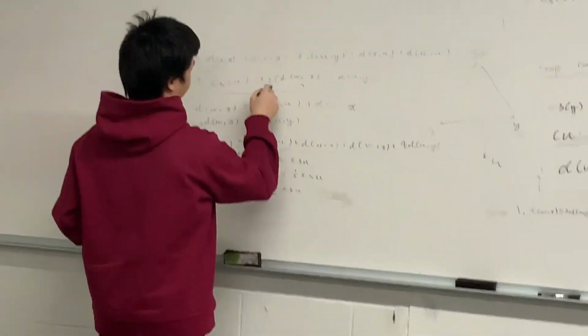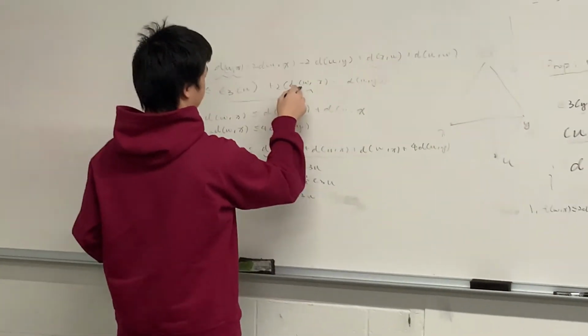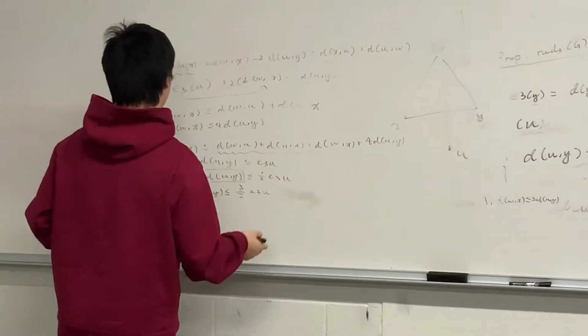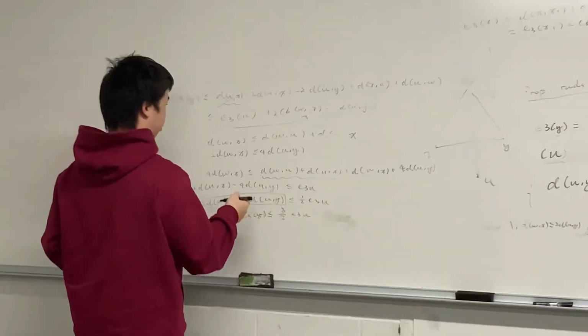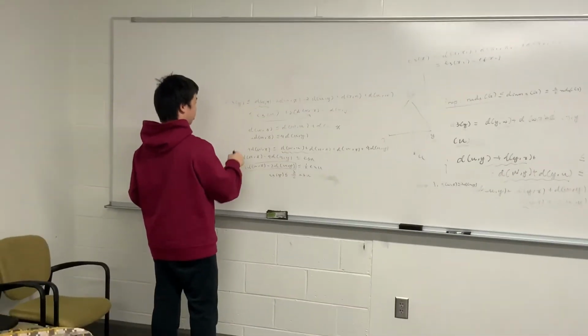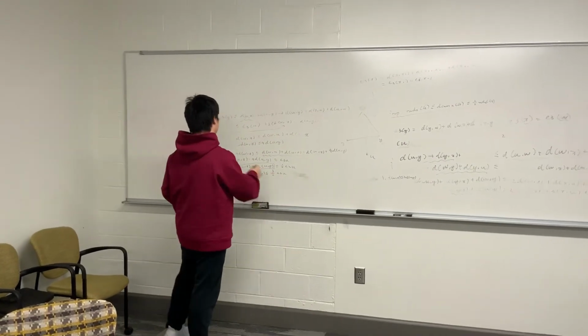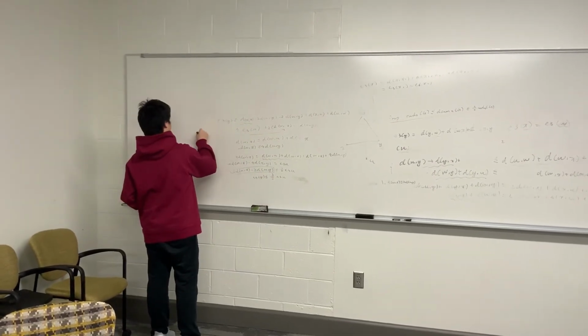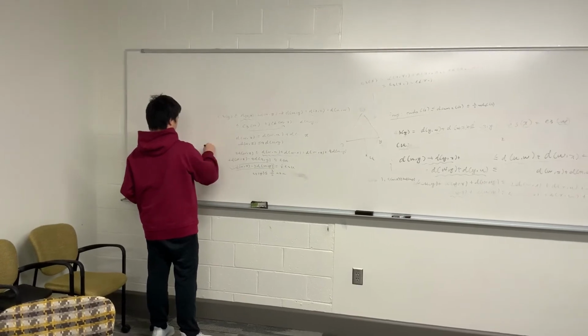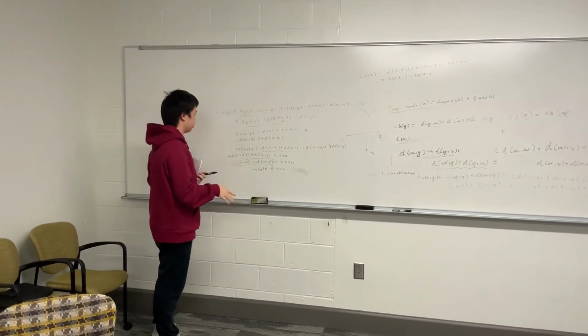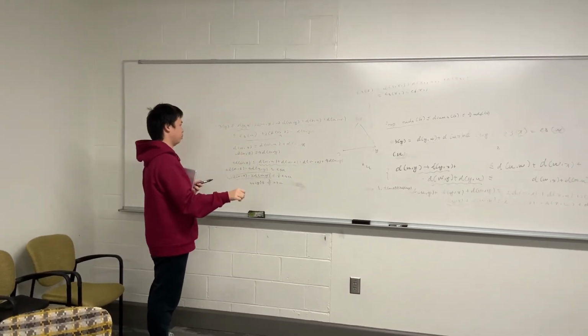So how to solve 2 times dwx minus duy? We could use the relationship between x, u, and w.